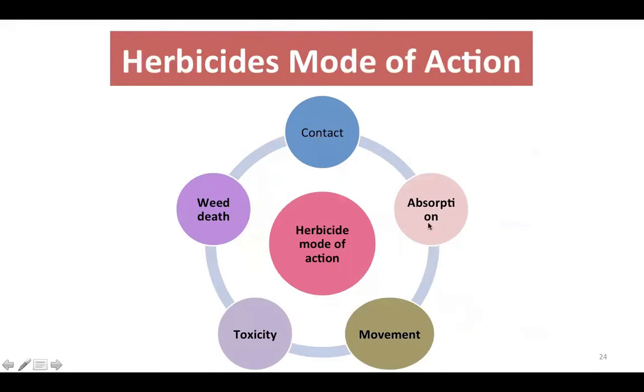Absorption: the herbicide may be directly absorbed by the weed. Movement: the herbicide must move to the site of action in that weed. Toxicity: it must possess a sufficient level of toxicity or potency that is known to kill that weed.